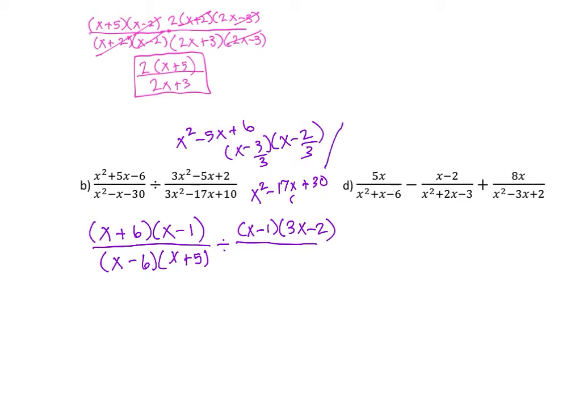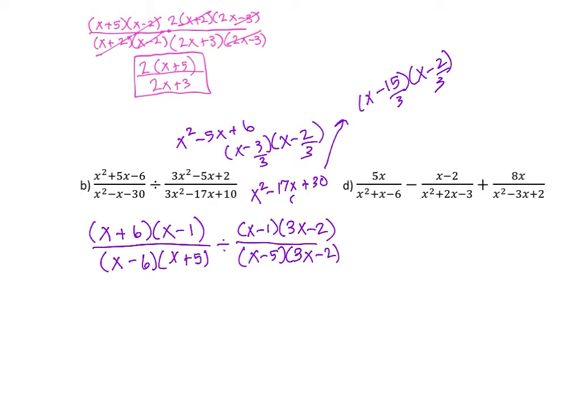I did not give myself enough room. We have x minus 15, x minus 2, divide both by 3, and our factors are x minus 5, 3x minus 2. Great. Okay, now we just go ahead.